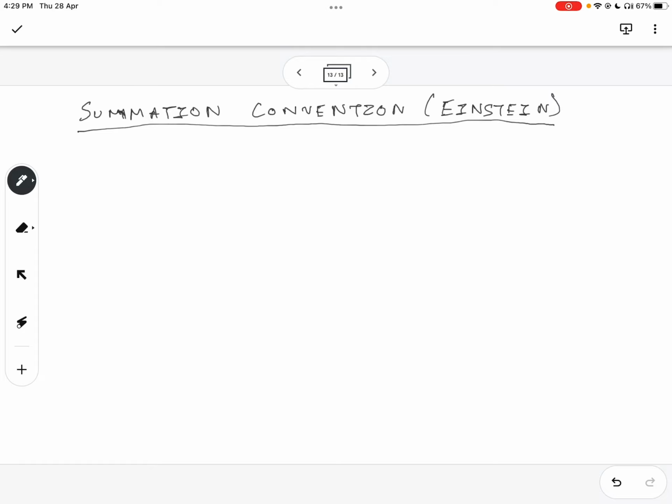Suppose a vector is written in terms of the basis vectors as vi ei, in terms of components with respect to the basis vectors. This is written in shorthand as v is equal to vi ei. The summation symbol is omitted.